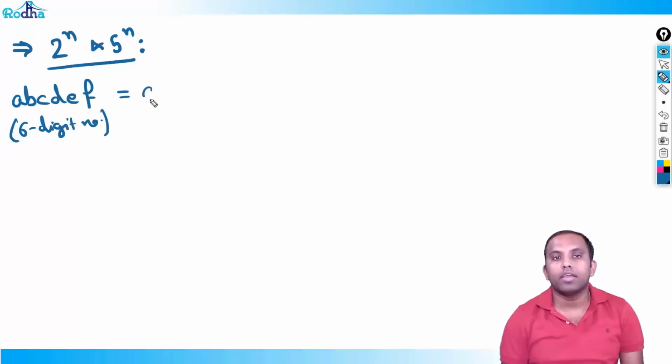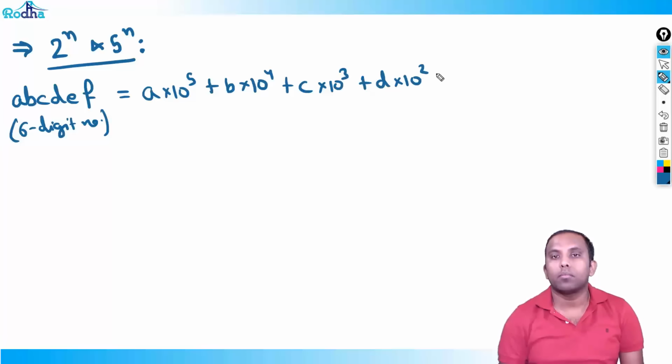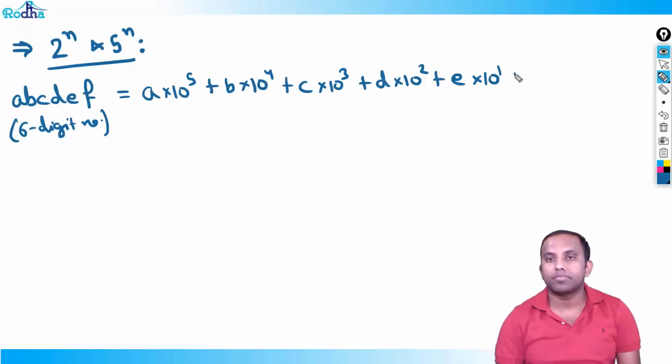We write A into 10 raised to 5 plus B into 10 raised to 4 plus C into 10 cube plus D into 10 square plus E into 10 raised to 1 plus F into 10 raised to 0.